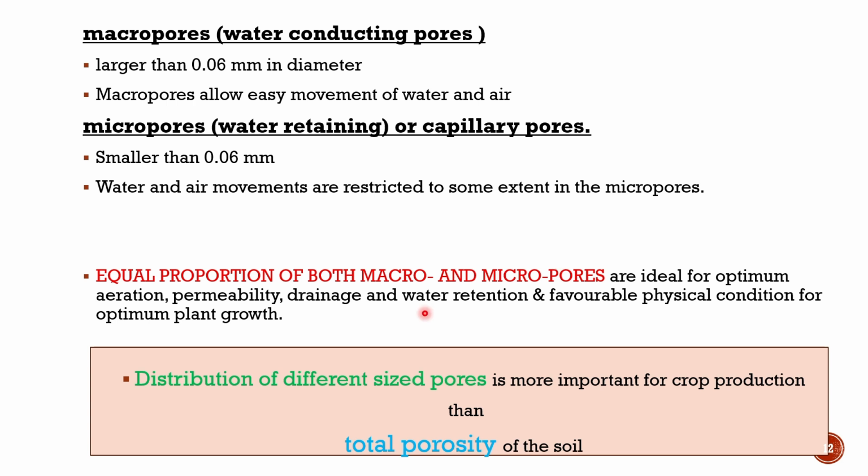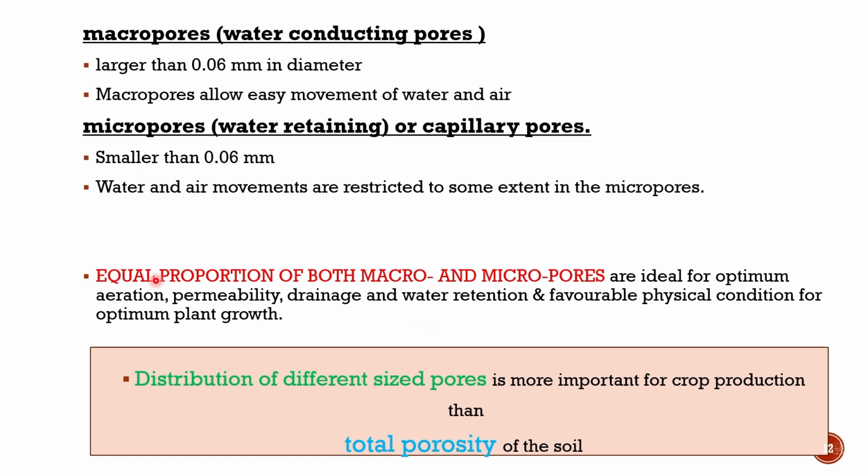Then distribution of different sized pores is more important for crop production than total porosity of the soil. In the case of plant growth, total porosity has less importance because distribution is more important.